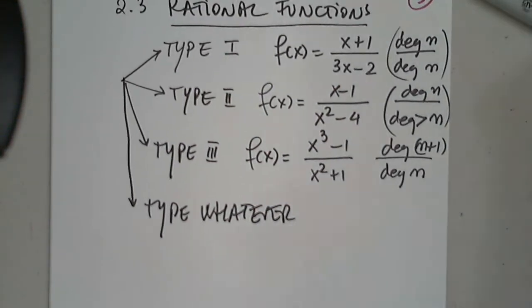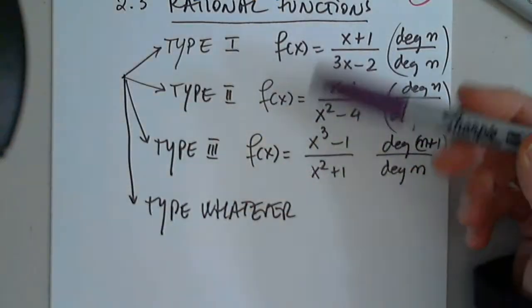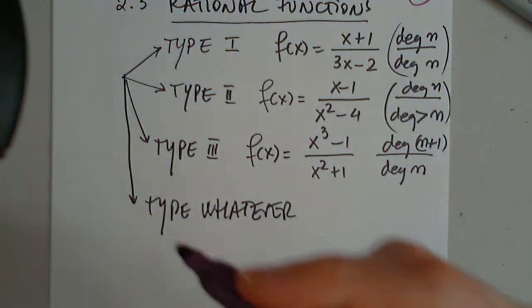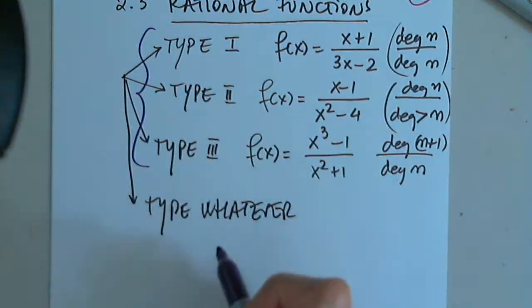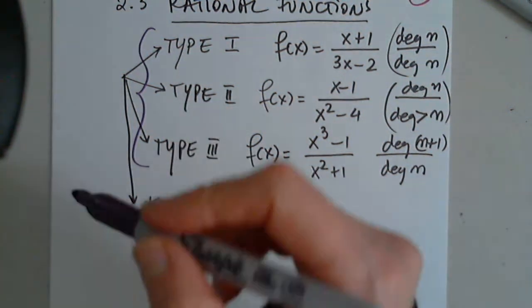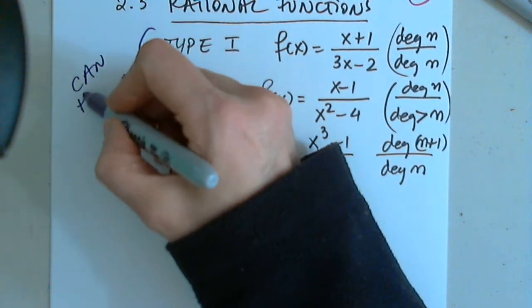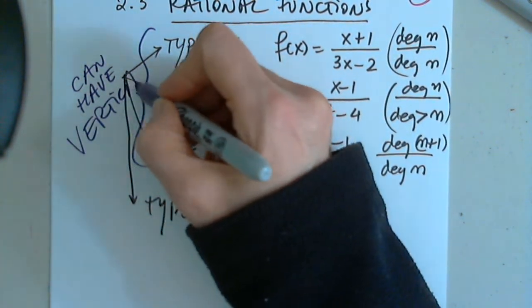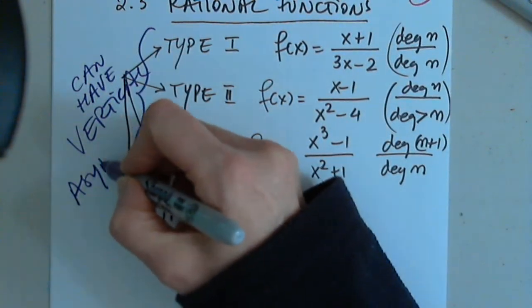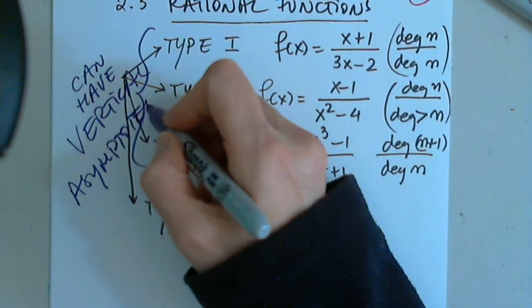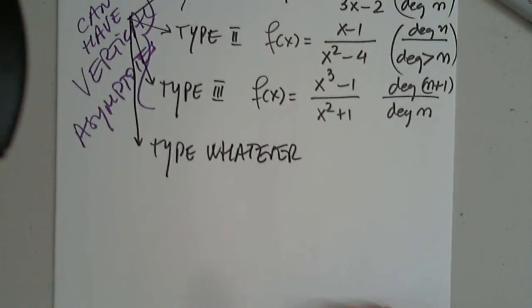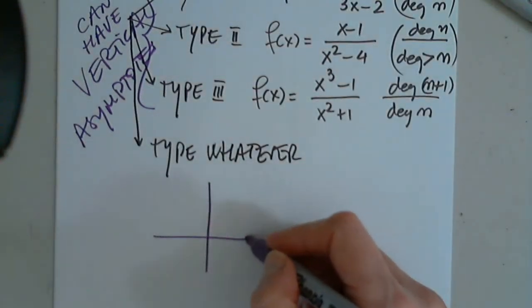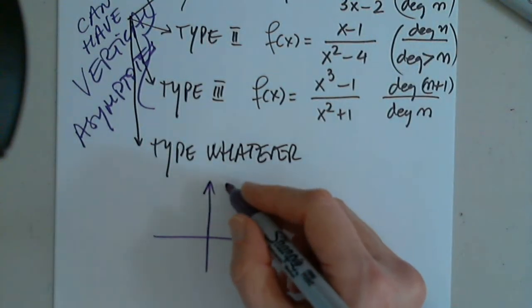Okay, so what is different here? All these functions, I'm going to disregard this because I don't even know anything else. All these functions can have vertical asymptotes. What's a vertical asymptote? Oh, we graphed something like this.